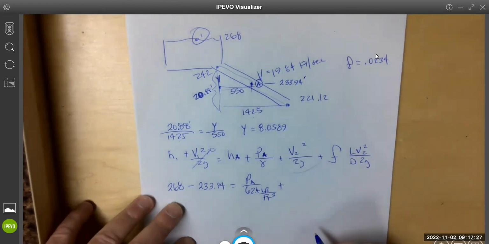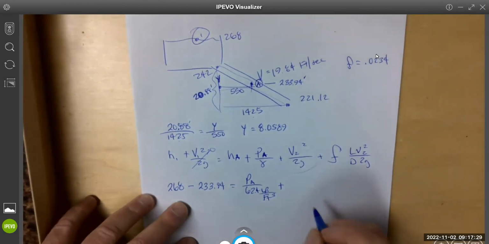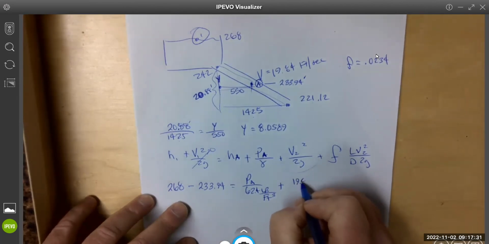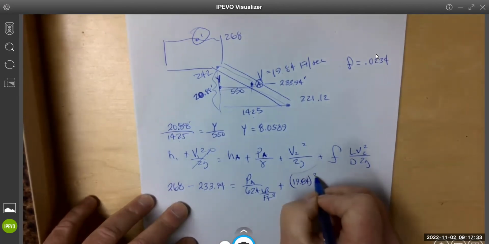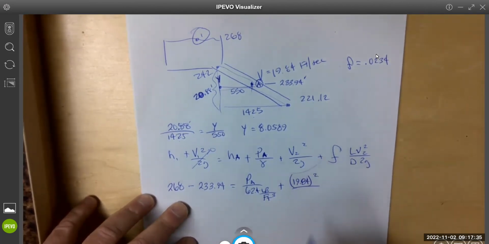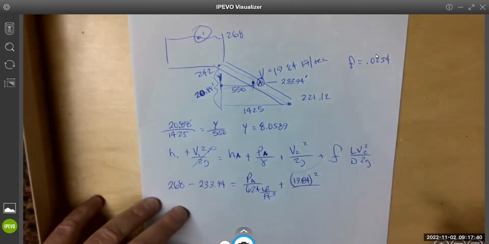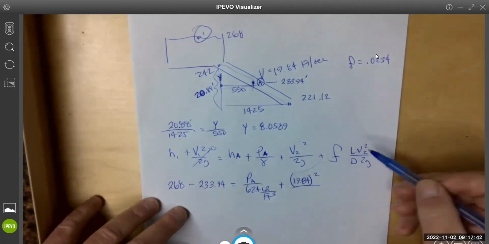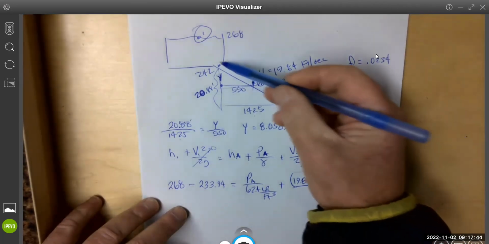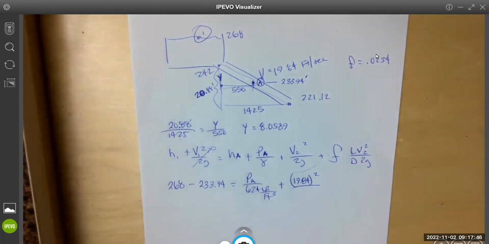Plus our velocity, which is 19.84, that gets squared. Wait, now when it's asking for a length at the end, it's from the top to A, yeah. This L is going to go from here to here. Okay. Yep. So we should be able to get that.